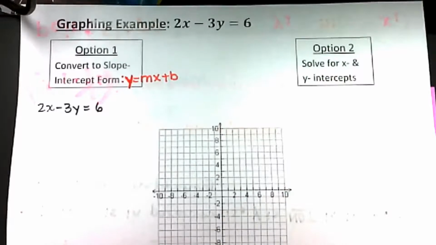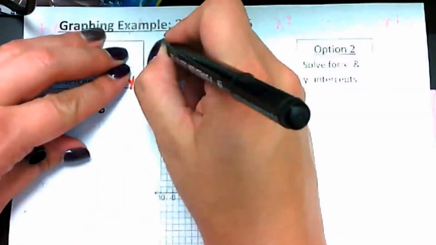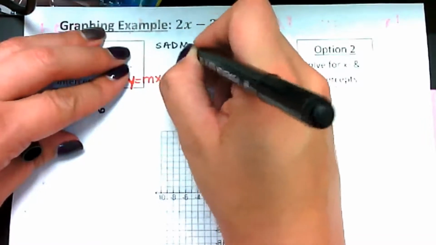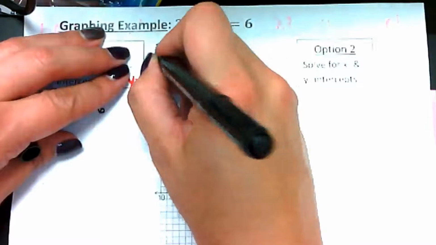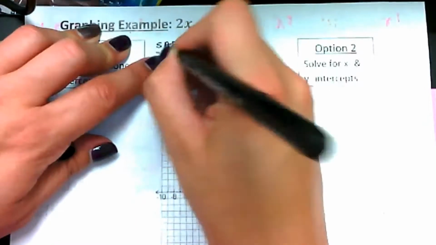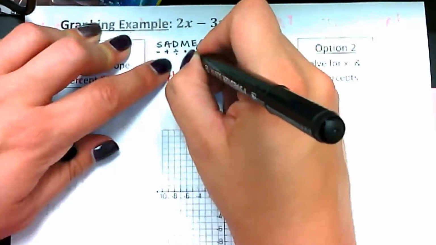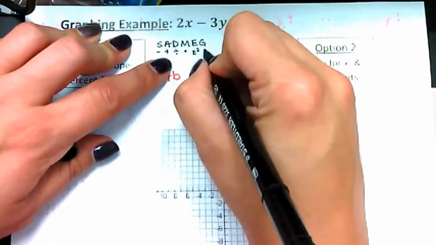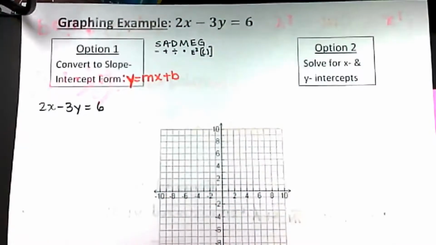So, first and foremost, we want to see if we can add or subtract. And just in case, I'll go ahead and put this up here. It would be what I like to call SAD MEG. That would be subtraction, addition, division, multiplication, exponents, and then grouping symbols.